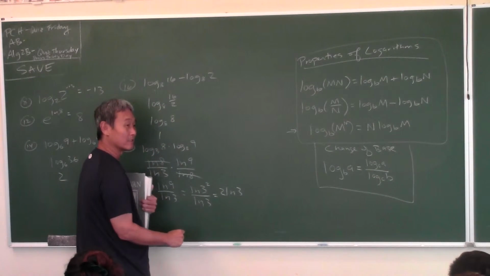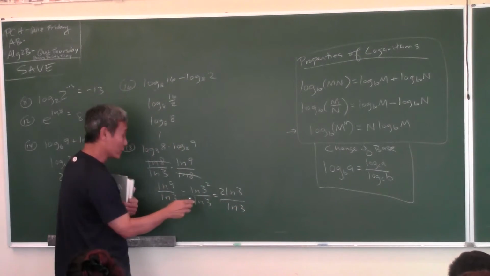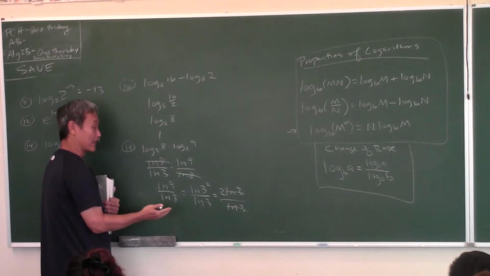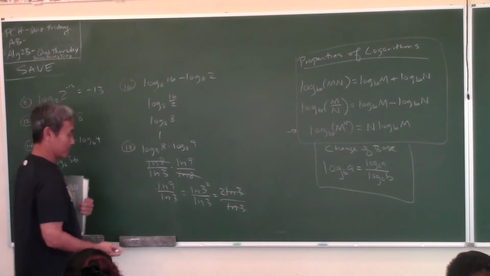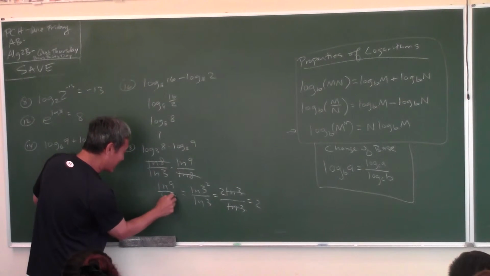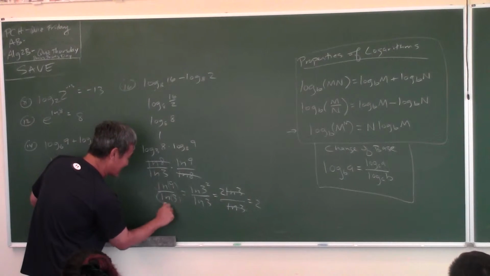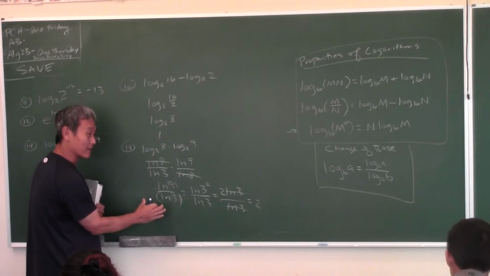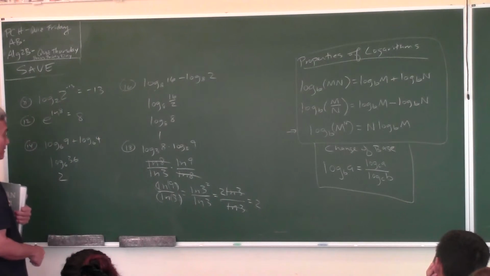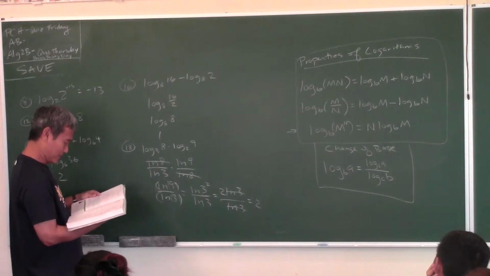Put it in the front. Like that. Now you can cancel natural log 3 with natural log 3 because they're both the same number. It's like 1 point something. And so what's left? 2. You cannot go 3 goes into 9 3 times because that's a whole quantity there. This is a number, this is a number. Okay, we just got to keep on looking at examples till we get it.